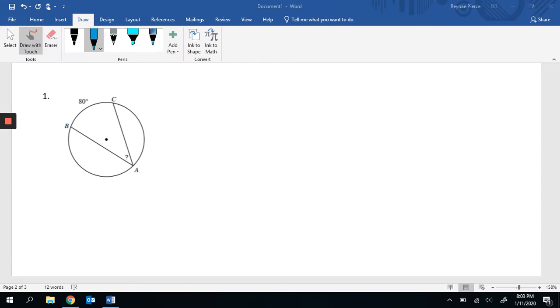In example 1 here, we're looking for the measure of angle BAC. Now, angle BAC is an inscribed angle. Inscribed angles are half of the arc that they intercept.